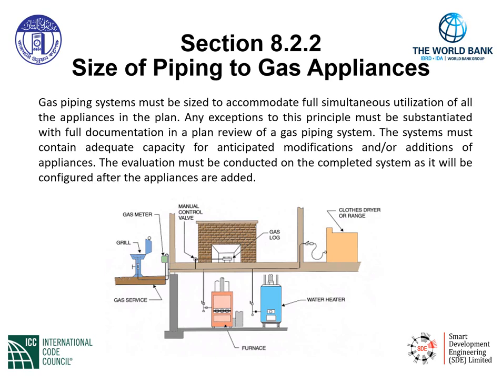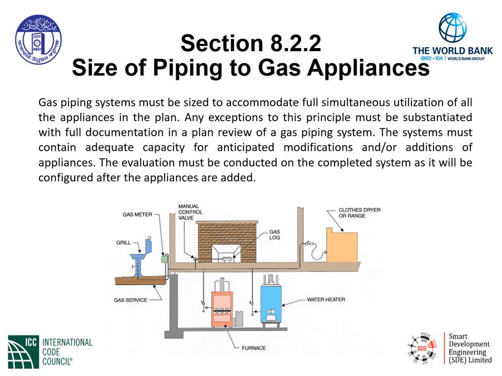So keeping in mind that the gas piping system must be sized to accommodate full simultaneous utilization of all of the appliances in the plan. Unless, of course, there's some diversity factor that we discussed, as indicated in the previous chart.